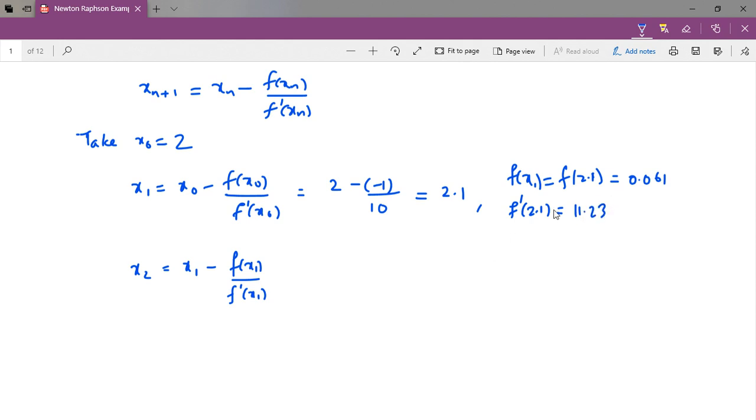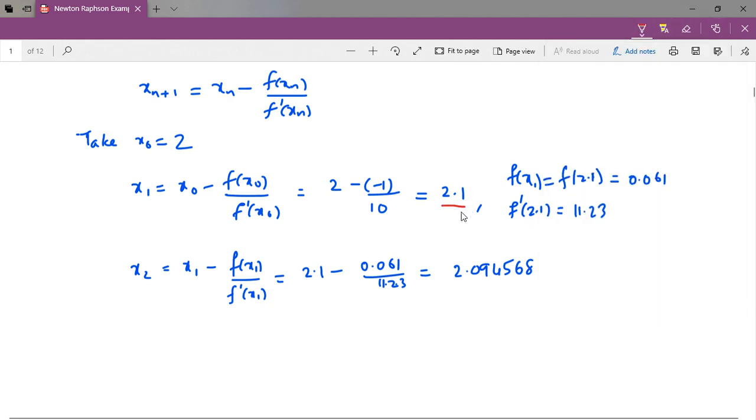Substitute these values here: 2.1 minus 0.061 divided by 11.23. This gives you almost 2.094568.